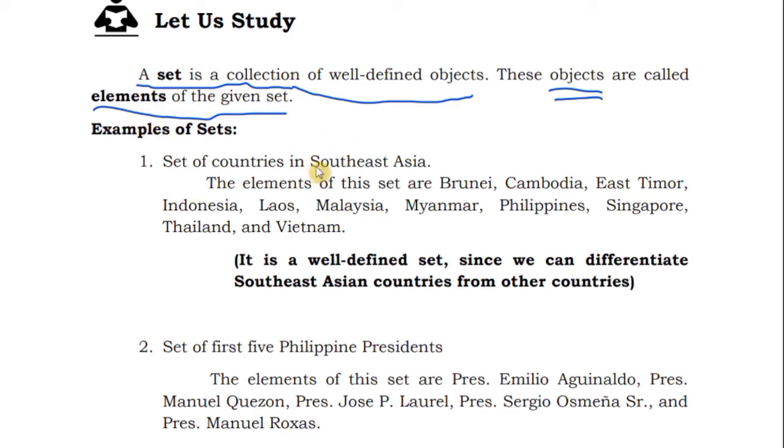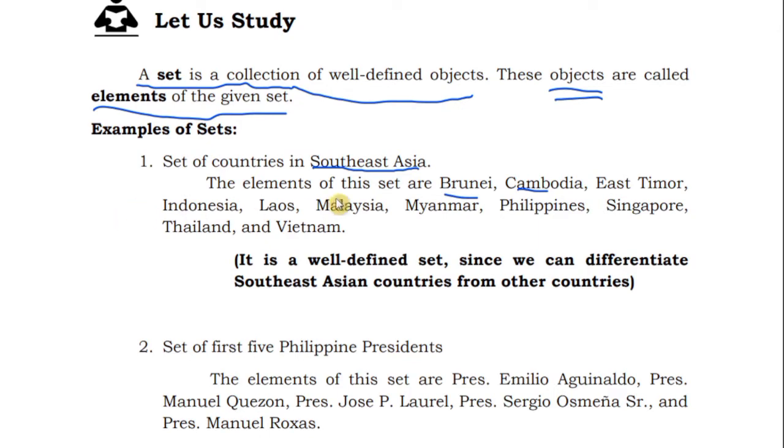Southeast Asia falls in the continent of Asia, below China. The countries that compose Southeast Asia are Brunei, Cambodia, East Timor, Indonesia, Laos, Malaysia, Myanmar, Philippines, Singapore, Vietnam, and Thailand.